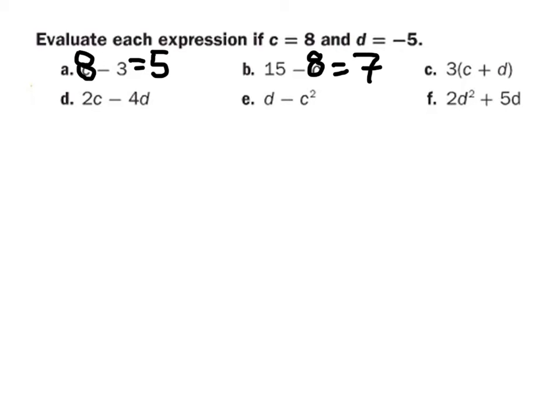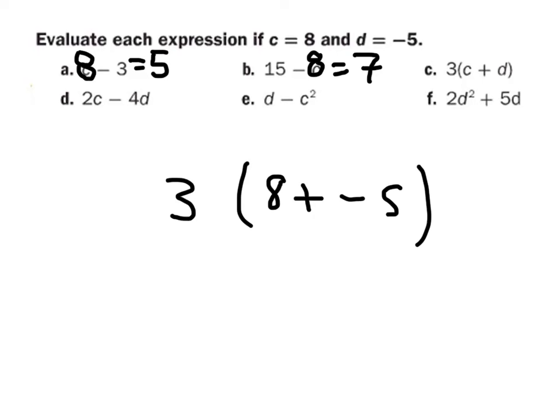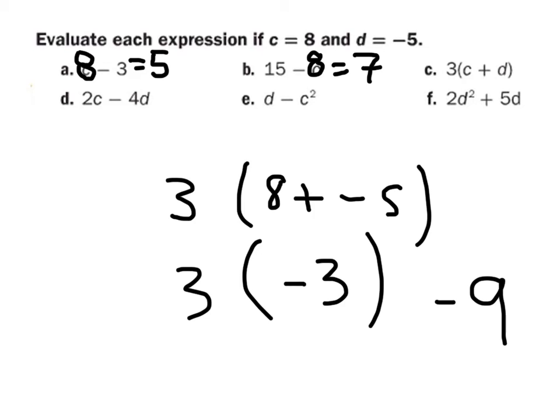Okay, so if C is 8, and then D is -5. And then 8 plus -5 is -3. Then times 3, which is -9.